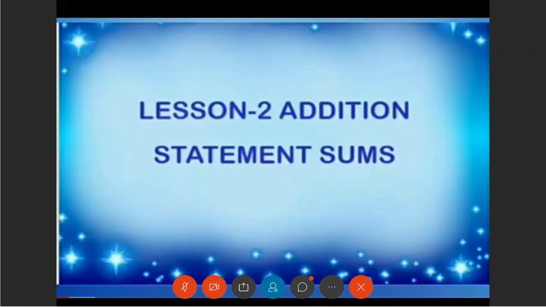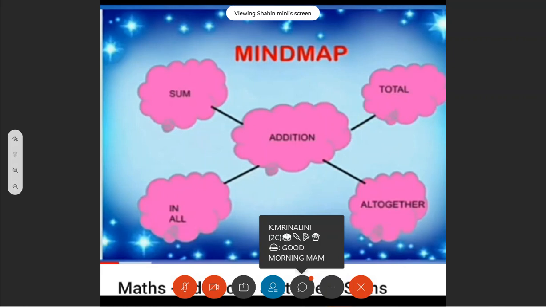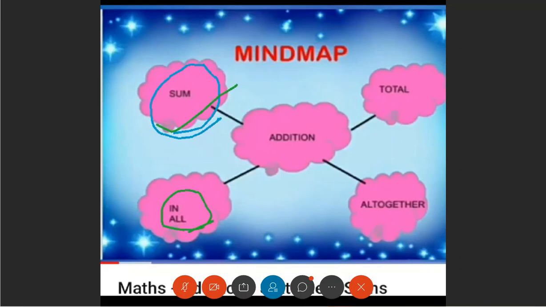Before that, you have to keep some important things in mind. We have already discussed that another name for addition is sum. If the word sum comes, that also means addition. And the words in all also mean addition.